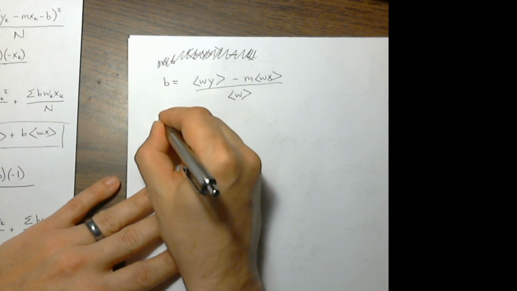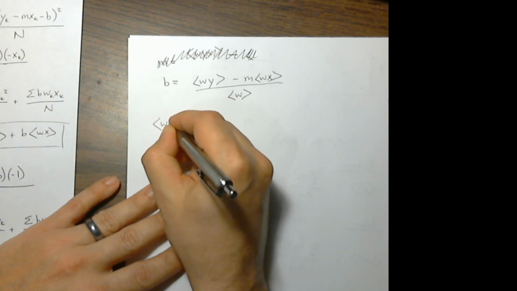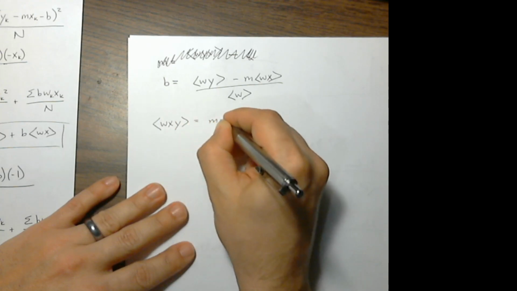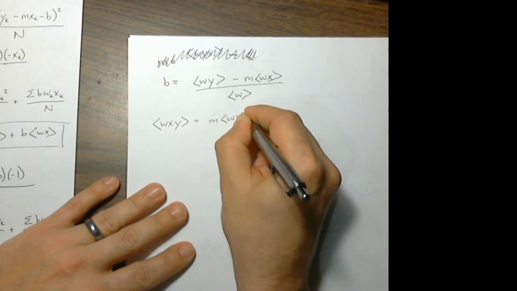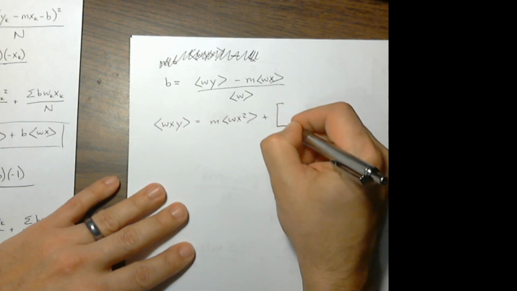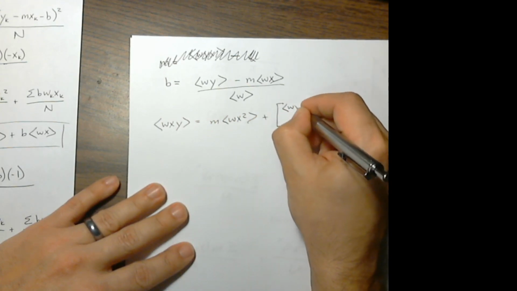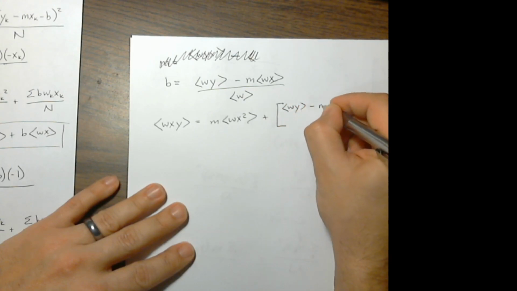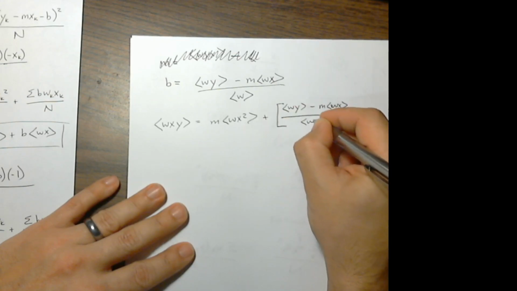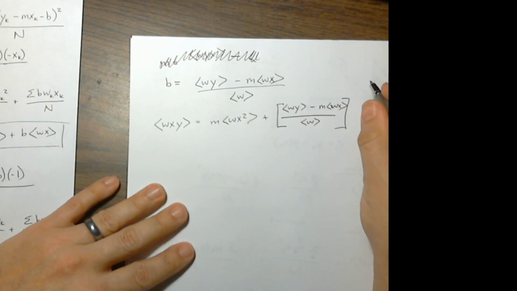I'm just going to start by copying my M equation now. But I'll go ahead and substitute in the B. So here comes the B. And that's all times the expected value of Wx.